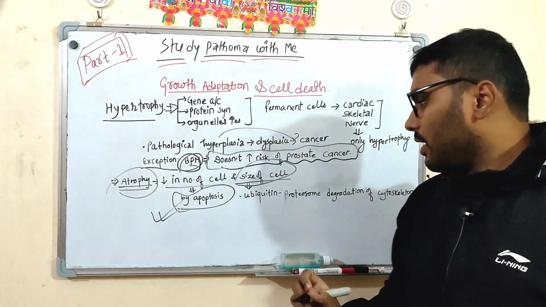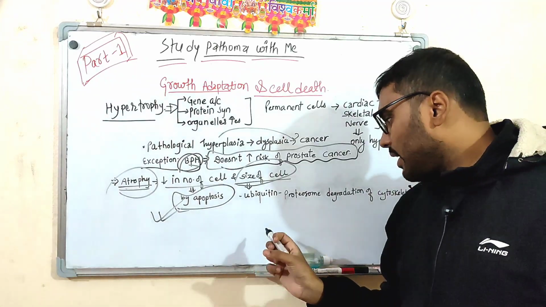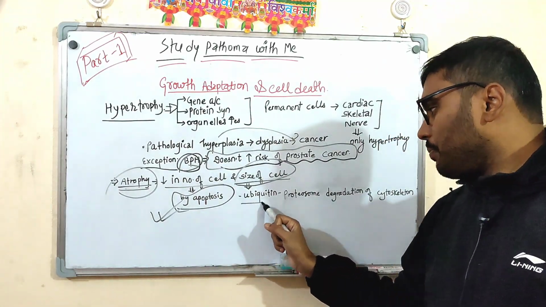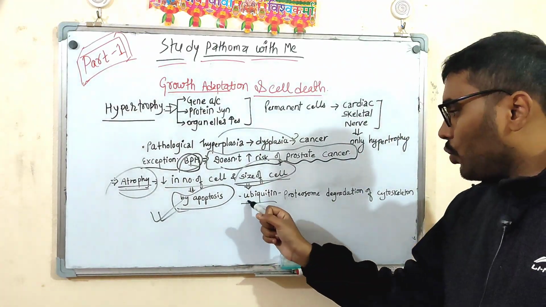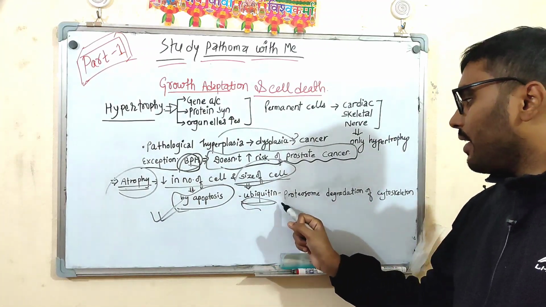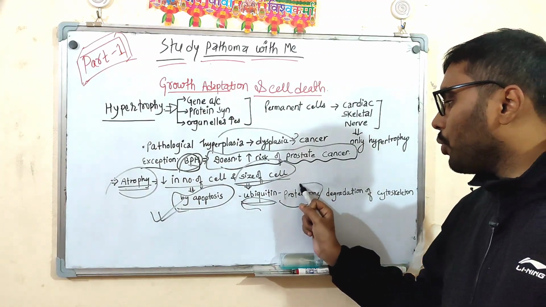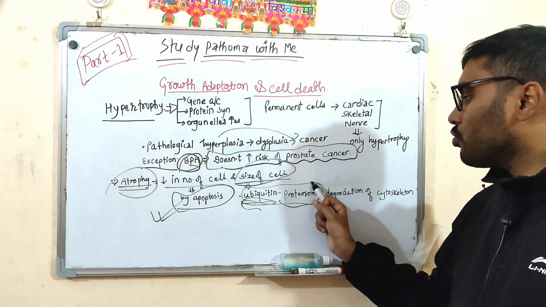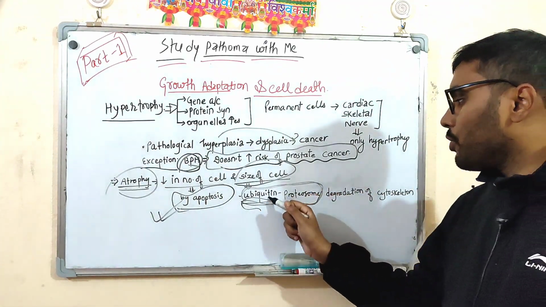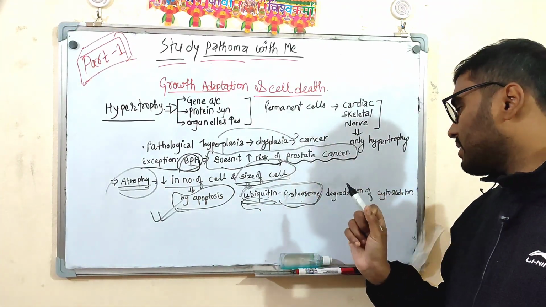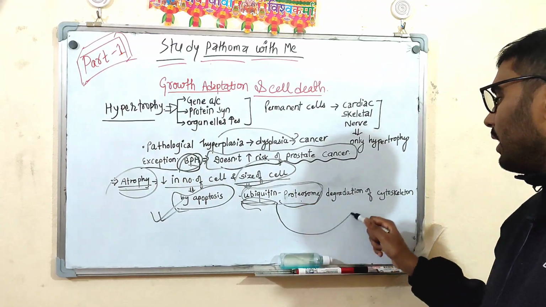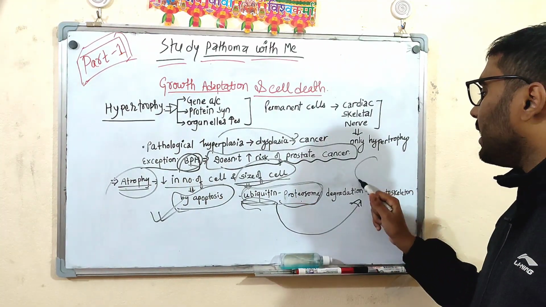Okay, and what happens is there is a ubiquitin protein in the cell, and this ubiquitin will combine with the proteasome of the cell. When ubiquitin and proteasome make a complex, this complex will degrade the cytoskeleton of the cell.